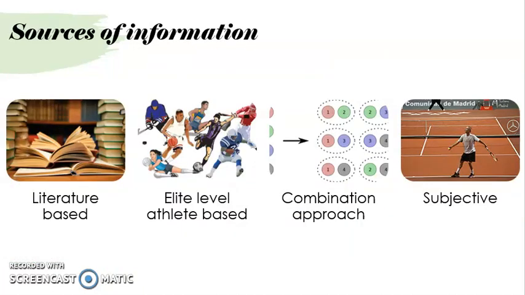Technical models can be constructed by using various different sources with various different credibility. First is literature-based, which can be anything from an article posted online or from the coach's national governing body. Most coaches are taught what the perfect technique is, and therefore are taught what the coaching points for certain skills are likely to be.